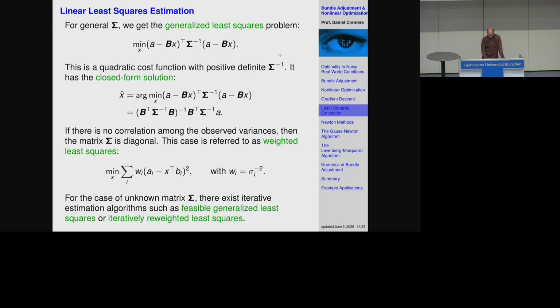Once you have the inverse covariance matrix, the positive definite inverse covariance matrix, the closed form solution is you minimize this. How do you minimize it? It's a quadratic function. You set the derivative to 0. So the derivative with respect to the unknowns, you set it to 0, and you end up with this expression for x.